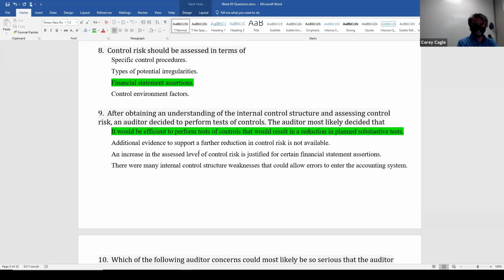This is the opposite of what we were doing earlier. The auditor most likely decided that it would be good to do these test of controls so we can reduce our substantive tests later. Very important. All of that about test of controls and how it affects your substantive tests, and when you would just not test controls, is really important.